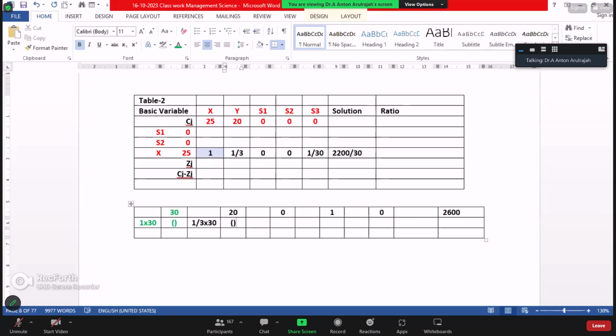You do everything in a calculator without mistakes. That should be 10. Okay, 10. Here, this is 30. I failed to put it. Next one, 0 into 30, that is 0. That is easy for us. Next also this one, 0 into 30, that is also 0.